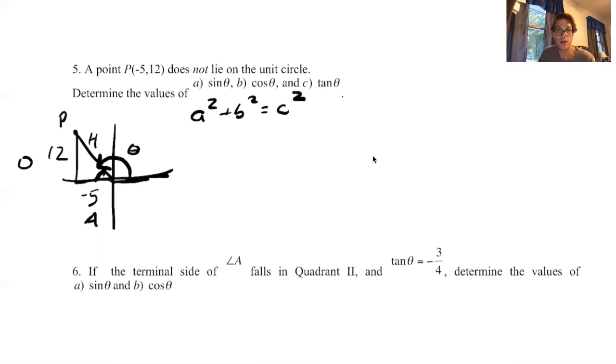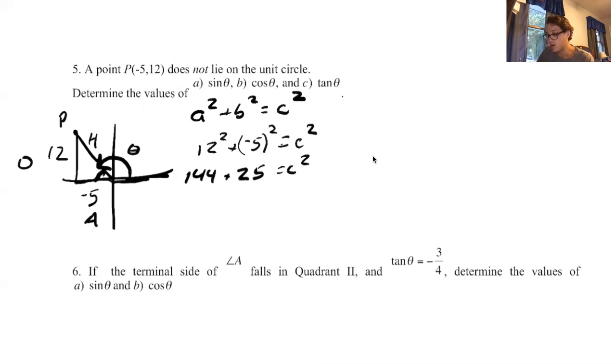So it doesn't matter what you call a and b here. So let's say a is 12 and b is -5. And c is, of course, our hypotenuse, which we don't know here, right? So just working this out, 144 plus 25 is equal to c squared, or 169 is equal to c squared. Taking the square root, we get that 13 is equal to c, right?